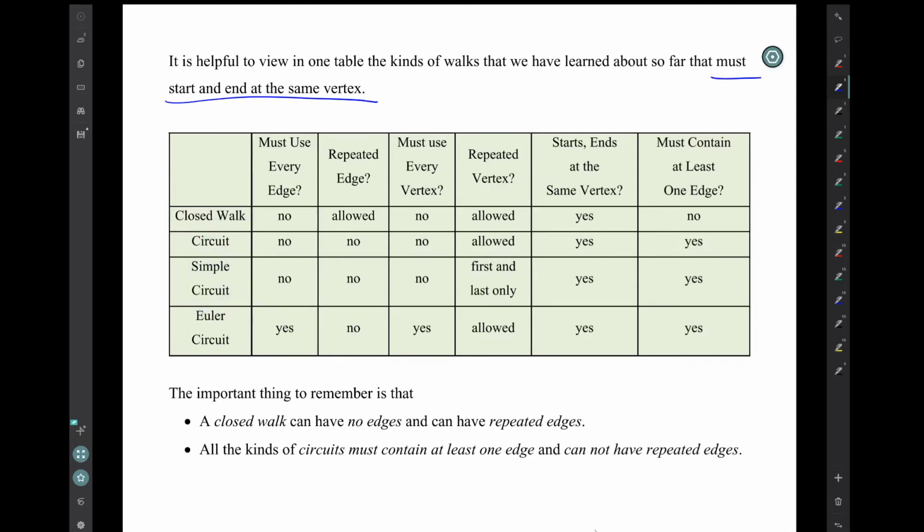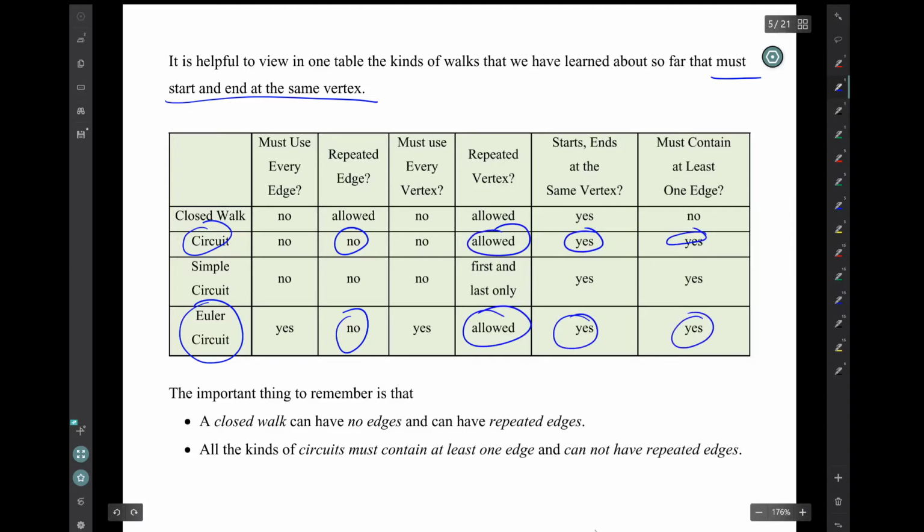Well, as the name implies, an Euler circuit is a circuit. So repeated edges are not allowed, and repeated vertices are allowed. And it must start and stop at the same vertex, and must contain at least one edge. But the difference is an Euler circuit must use every edge, whereas a general circuit does not have to.